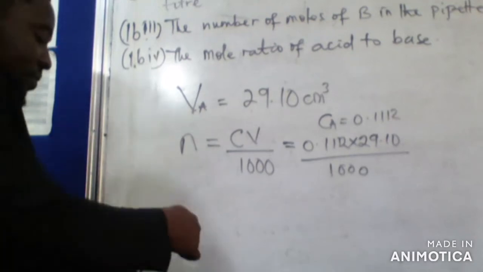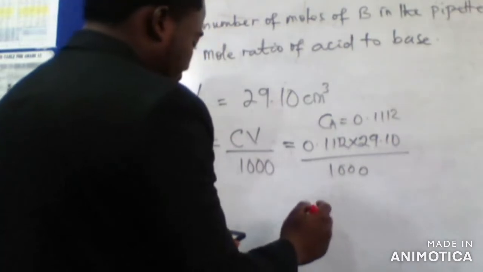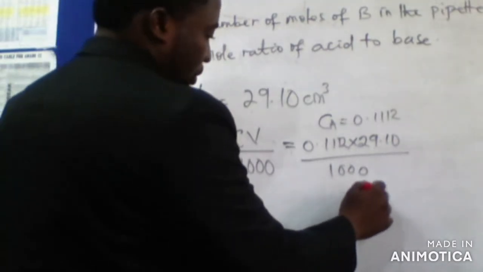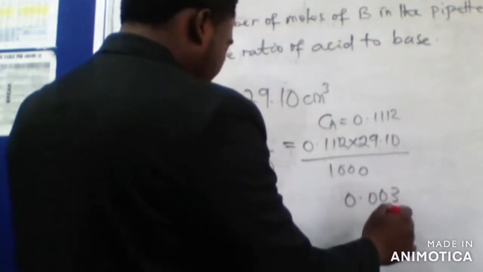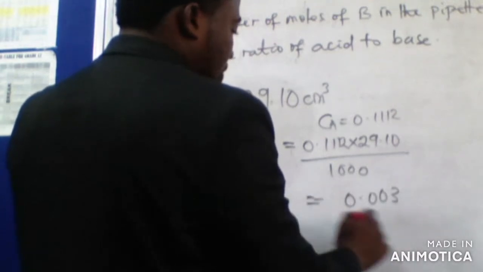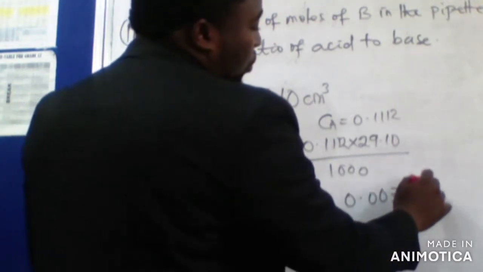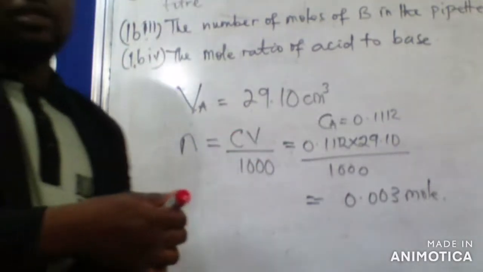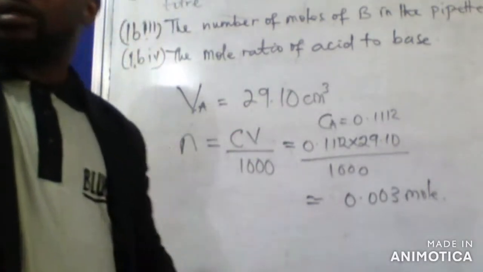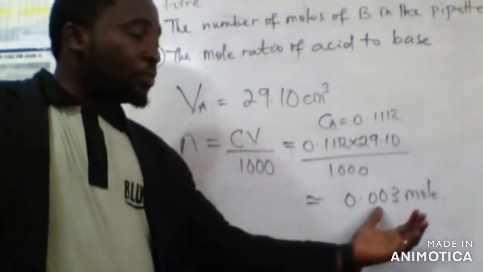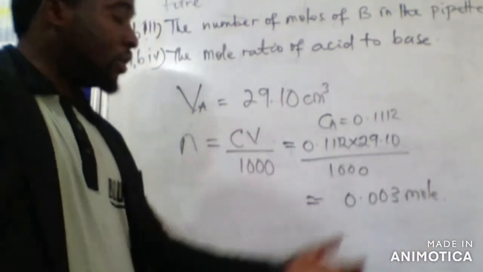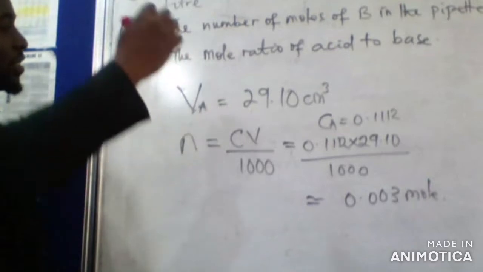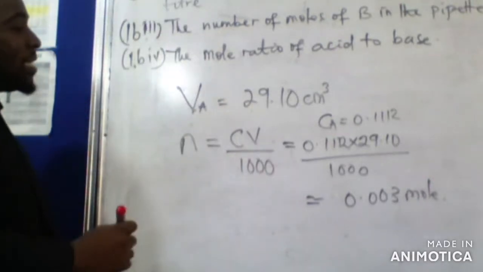Then we have approximately 0.003 mole. So the number of moles of A present in the average volume of the titration is 0.003. Alright, so let's go to the next question.